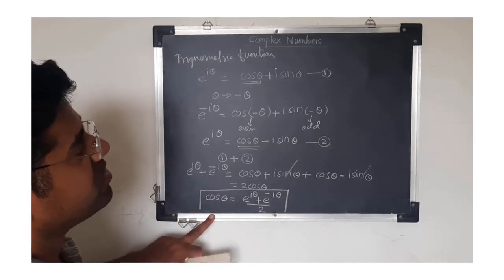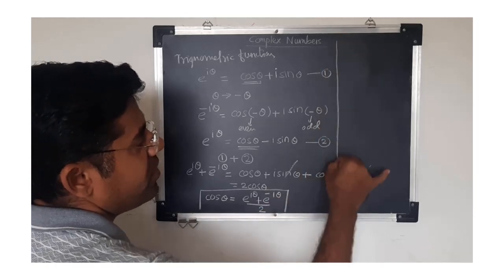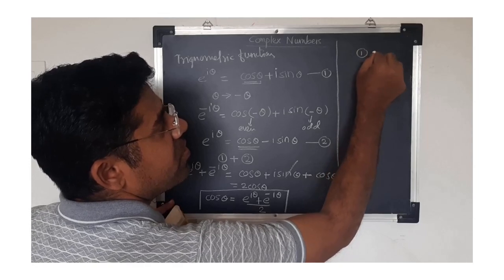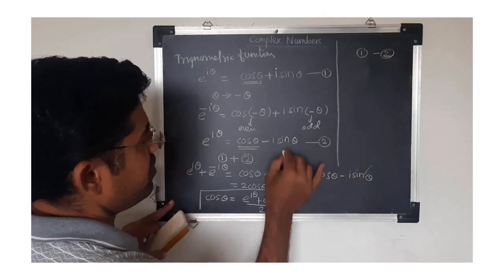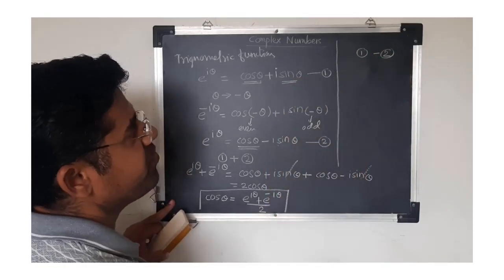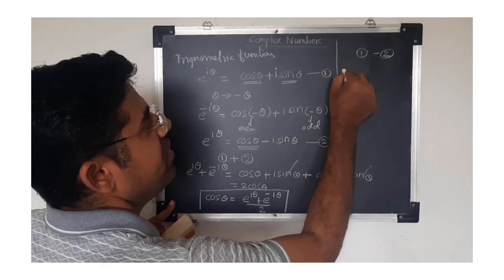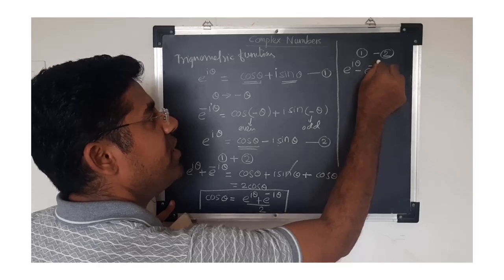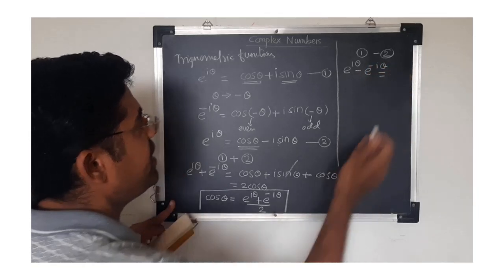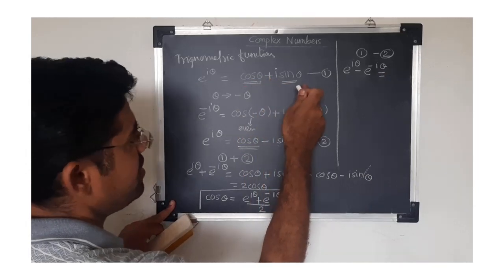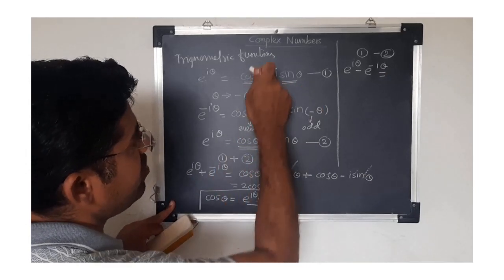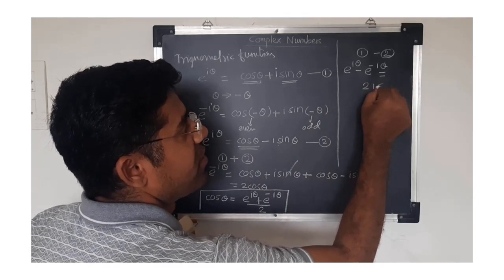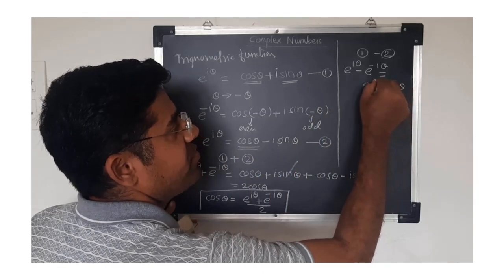Similarly, we will do the subtraction of 1 minus 2, because I want to find out the value of sin theta. So this is e raised to i theta minus e raised to minus i theta. In that case, the cos terms get cancelled and you will get the term 2i sin of theta.